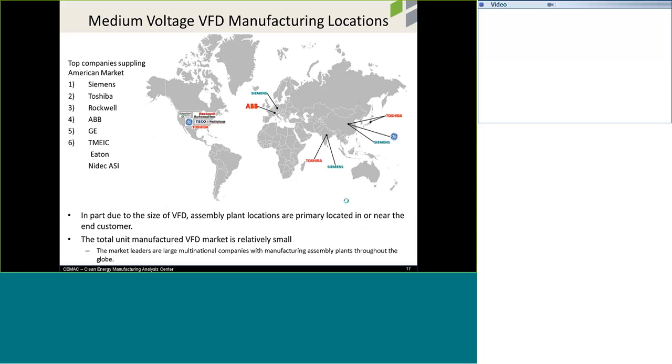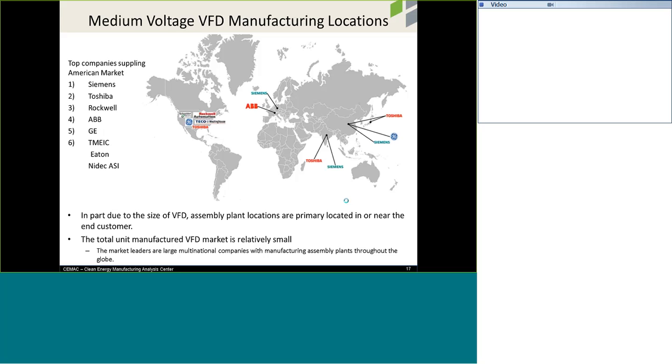Again, for medium voltage VFD manufacturing, there is not the ability to assess what the capacity is of any given facility for manufacturing the drive. Especially what we found was most of these drives, the main piece for the manufacturing is assembly, so you need a giant warehouse, and so you are only limited by the size of your facility.